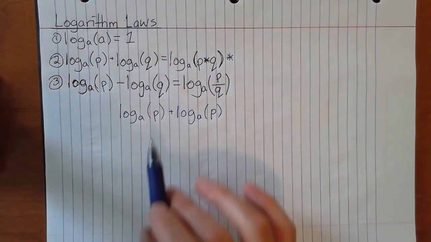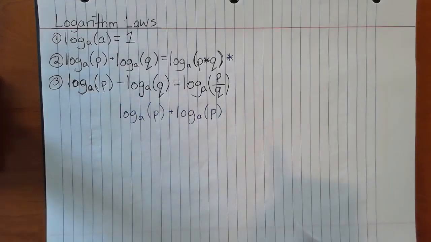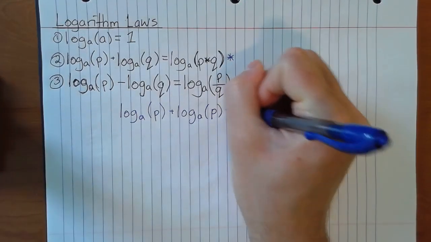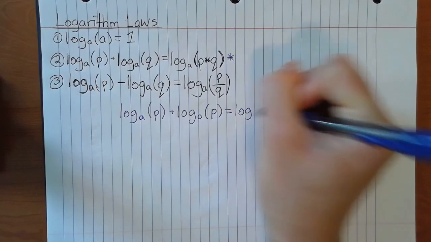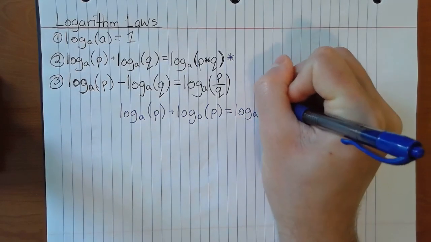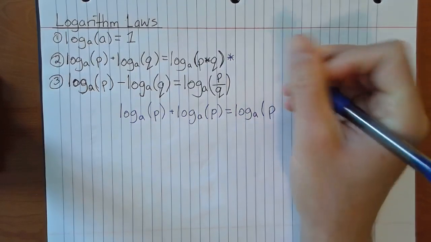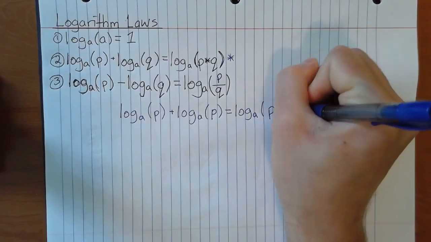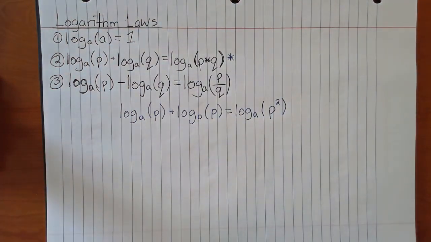Well, if you're multiplying the two inputs, P and P, by themselves, that just means it would be P squared. So now that would be equal to log base A of P squared. So we have a true equation right there. That's a true math sentence right in front of us.